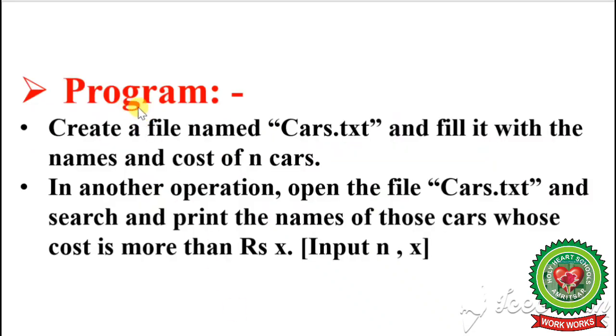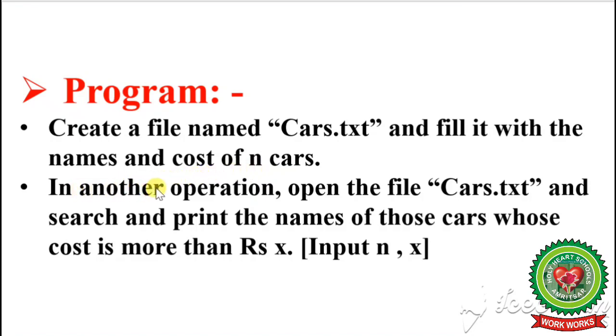The program is: create a file named cars.txt and fill it with the names and cost of n cars. Here n is the number of cars that is input by the user.